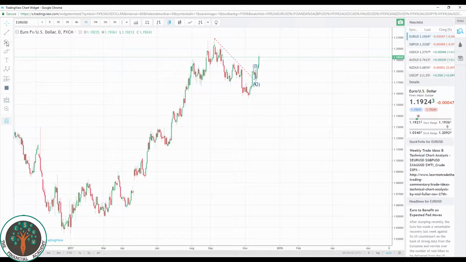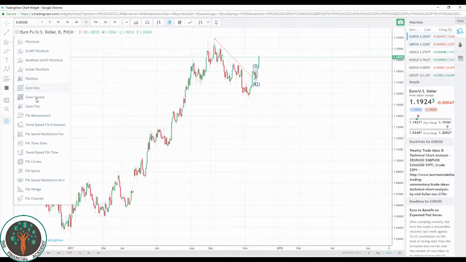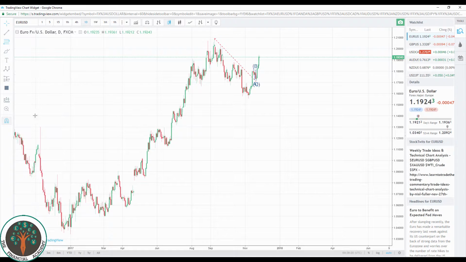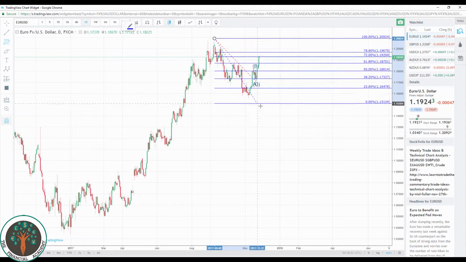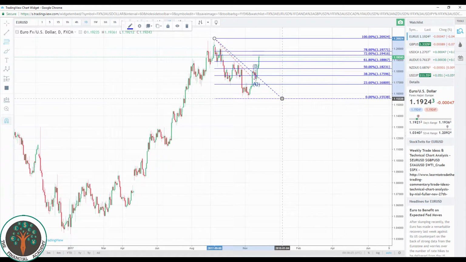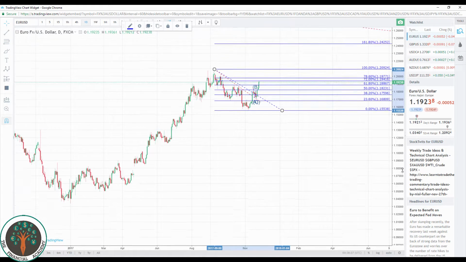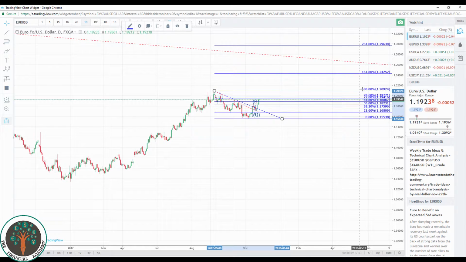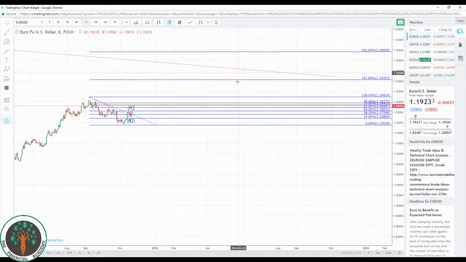And let's place the measurement tool that will mark the territory, and you'll see that it's forming a very nice connection between the trend line and the 161 level.